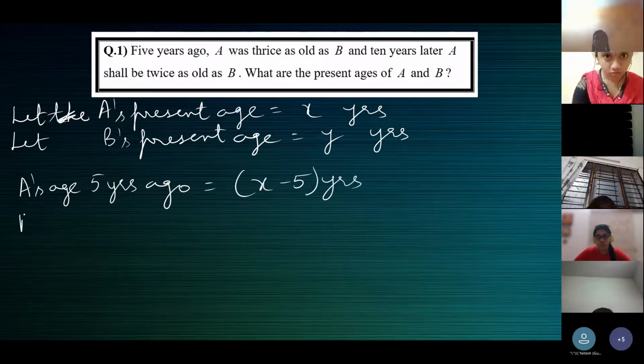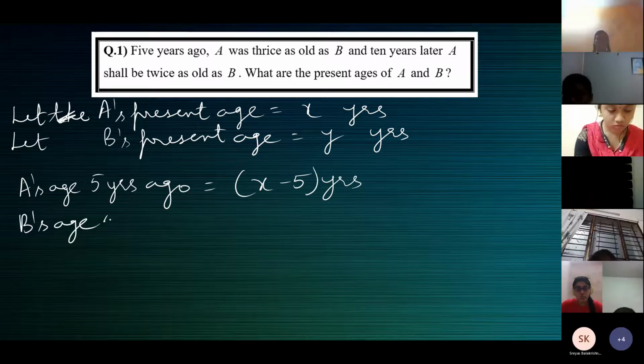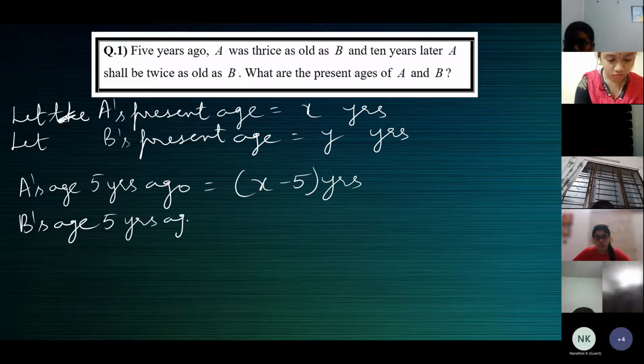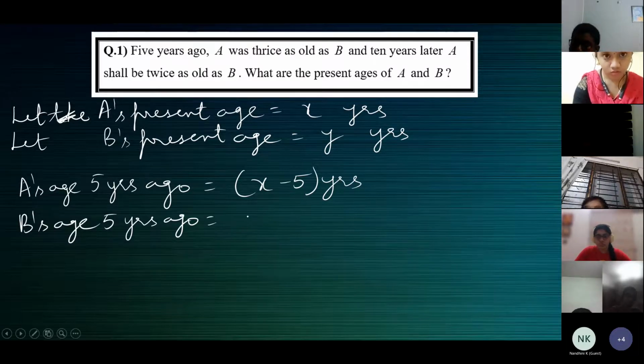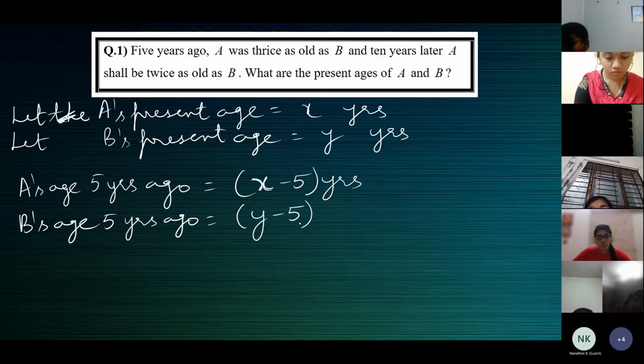And B's age 5 years ago would have been Y minus 5. You are now 15. 5 years ago, 15 minus 5, 10 years. Similarly, A's age X minus 5, B's age Y minus 5. So X minus 5 and Y minus 5 would have been A's and B's ages 5 years ago.